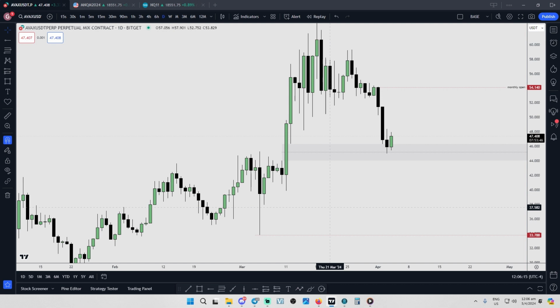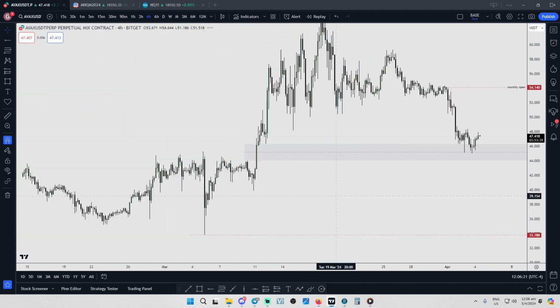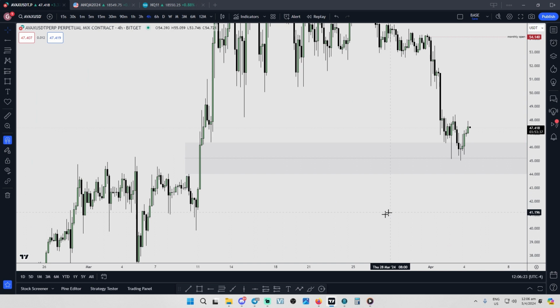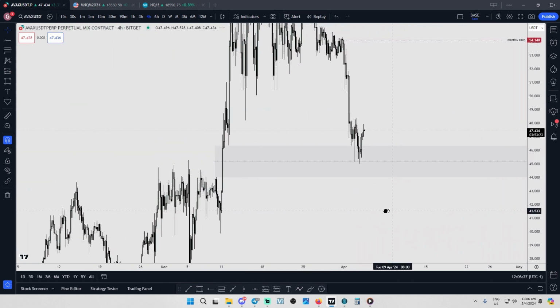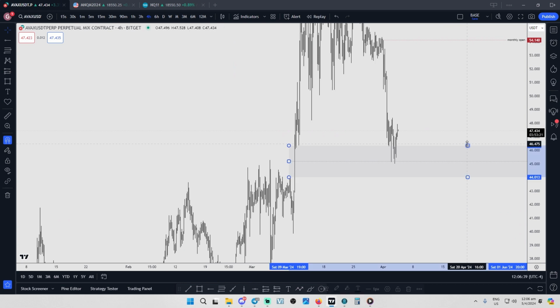So right now you can zoom in even further. The lowest I go is 4 hours. On the 4 hours, you can even refine it further. You have this fair value gap right here that is within the daily fair value gap, and we have this swing low as well. So you want to buy within PD arrays below swing lows.